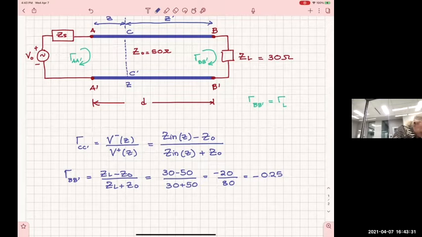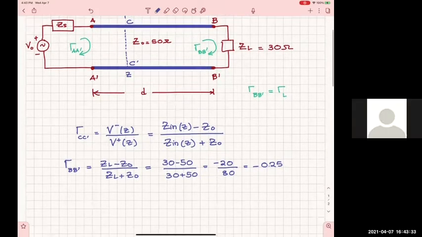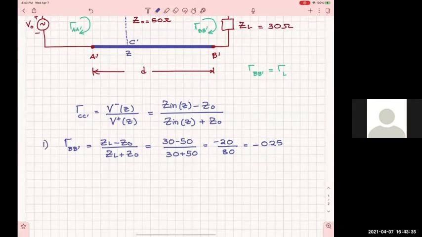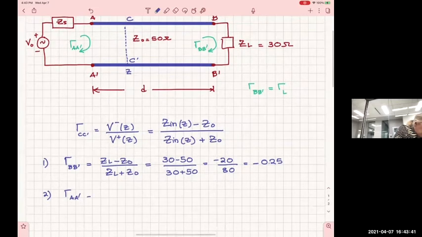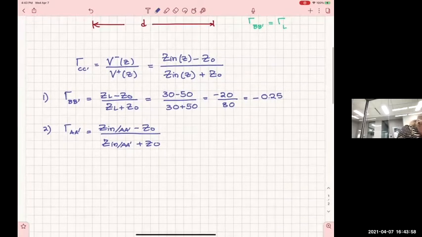And then that's one. Two, gamma at A prime. So I will have to find Z input at A prime, and then use the formula Z input at A prime minus Z naught over Z input at A prime plus Z naught. How much is your Z input at A prime?